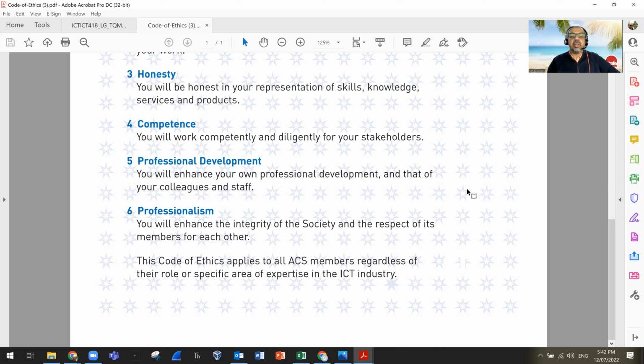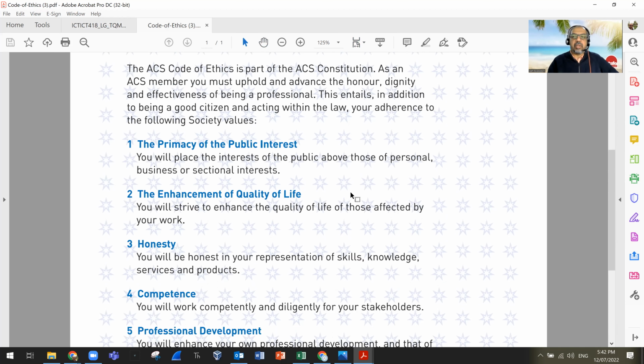This code of ethics applies to all ACS members, regardless of their role or specific area of expertise in the ICT industry. So I'm a member with them, and this applies to me. When you work in the IT field, and you are a member, this code of ethics applies to you.